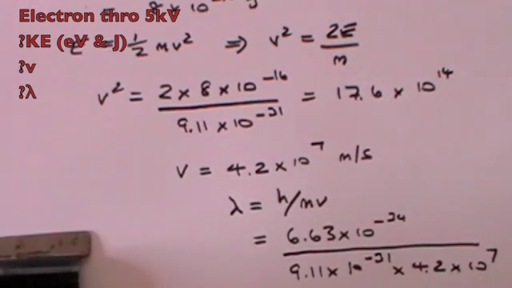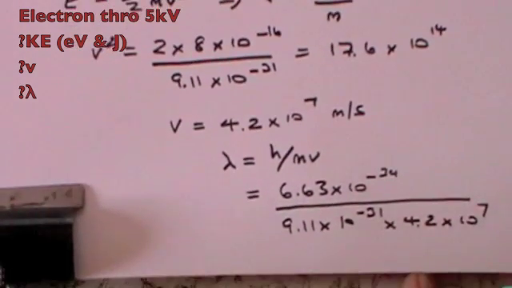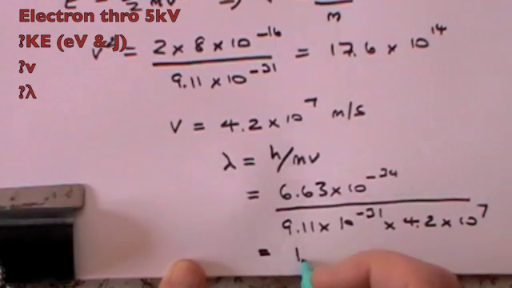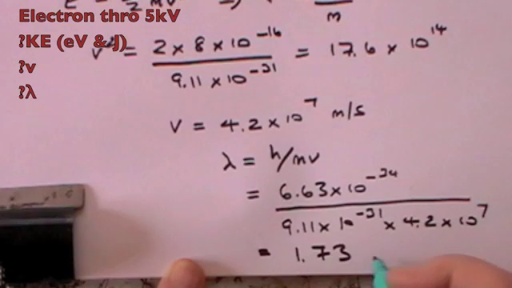If you work that out, I think you should find that comes to a wavelength of 1.73 times 10 to the minus 11 meters.